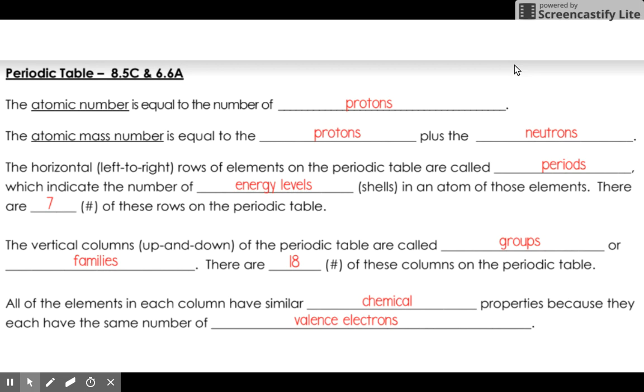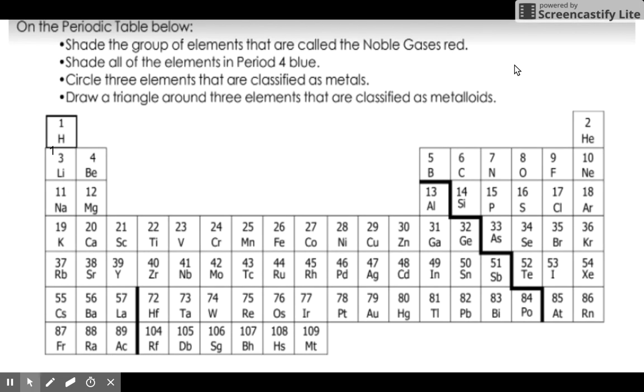All right, let's move on to our next section. It has a periodic table. The directions say on the periodic table below, shade the group of elements that are called the noble gases. Just a reminder, noble gases are the only group that does not want to react with anybody else on the periodic table.